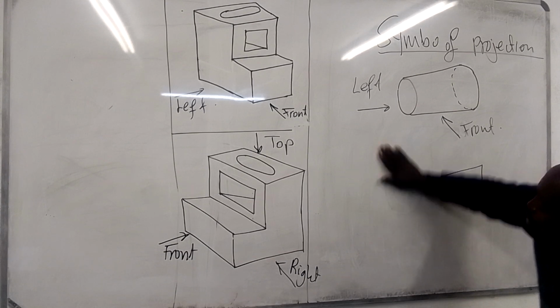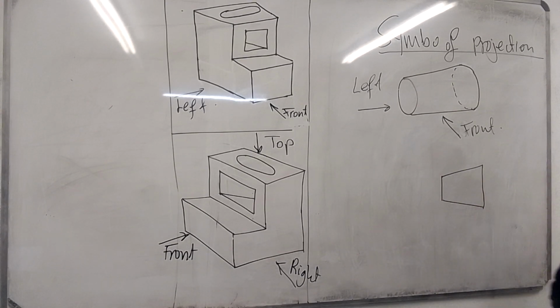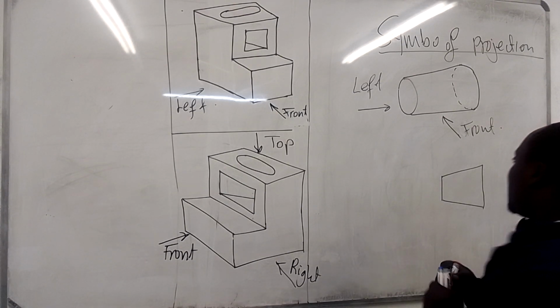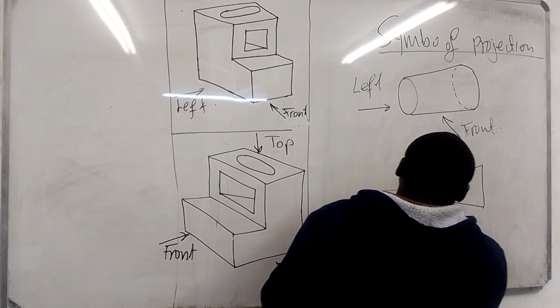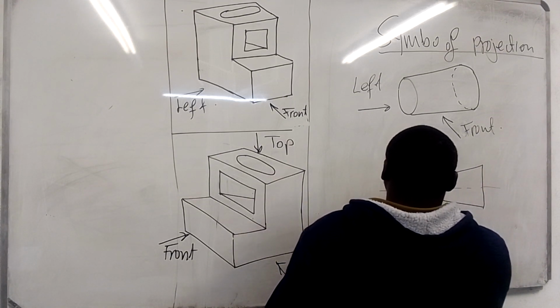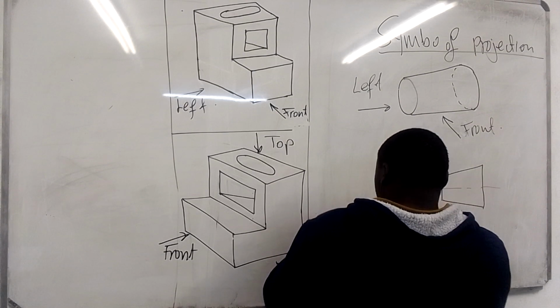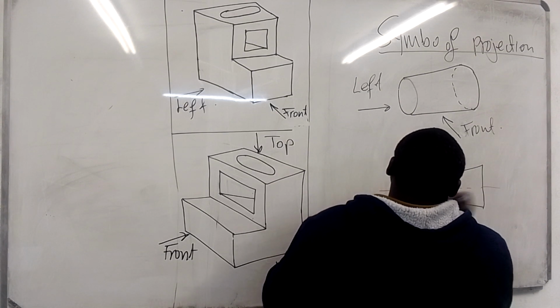Now, before I could even draw that, we have had the word projection. What does it mean? This is what it means. When I'm drawing the circles, I must project. I'll use blue ink.